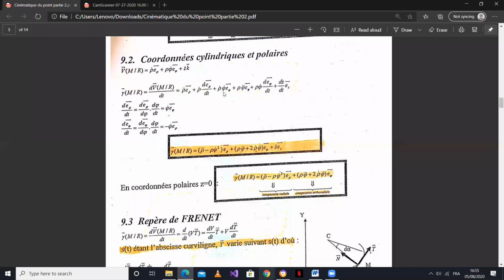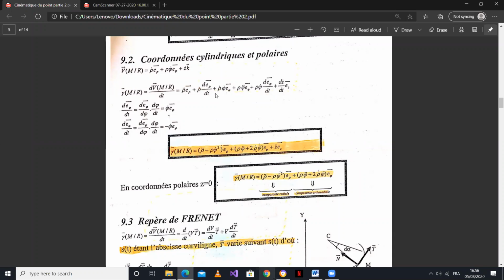Then you collect those following E phi also. We have this one following E phi, and we also have this one following E phi. And also this one here that we calculated from this expression here, it's also following E phi. So we'll have rho point phi point E phi plus rho point phi point E phi. You notice that these two are the same thing, because this one is rho point fois phi point suivant E phi plus rho point fois phi point suivant E phi, like that.